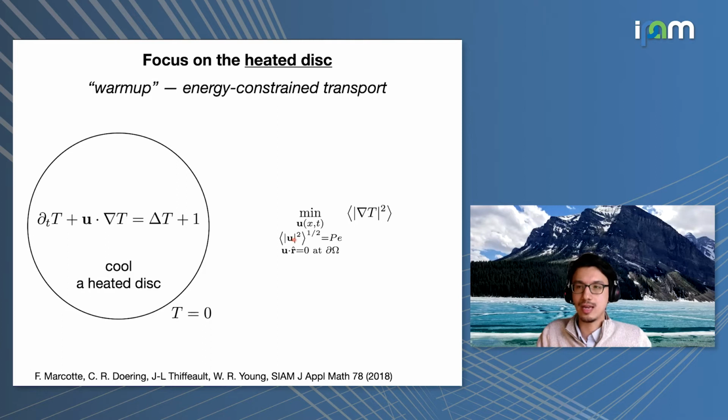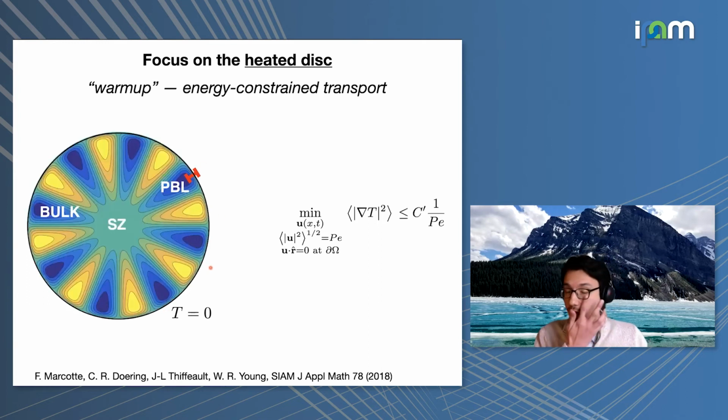So I don't constrain the entropy anymore, but rather the kinetic energy of the fluid flow, which in non-dimensional terms I can also call the intensity. Now, instead of no slip boundary conditions, I use no penetration boundary conditions. R hat is the outwards pointing unit normal to the boundary, R hat because it's a disk. And the same boundary condition, T equals 0, for the temperature field.